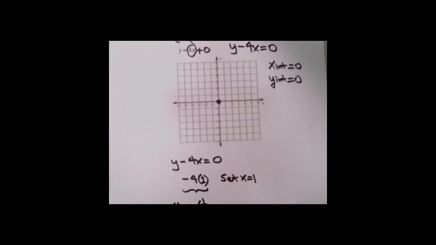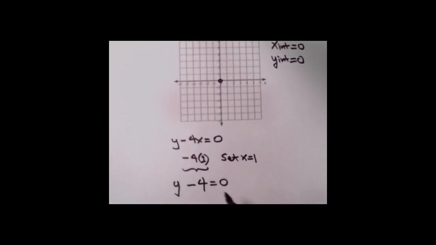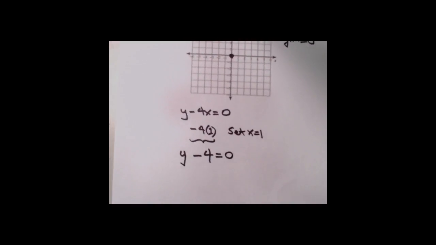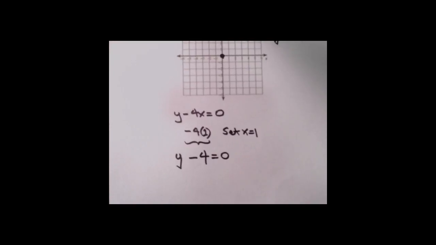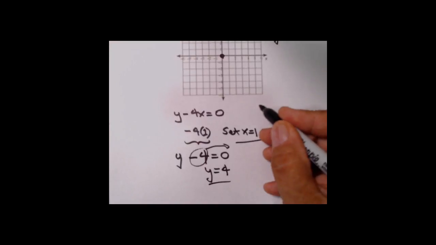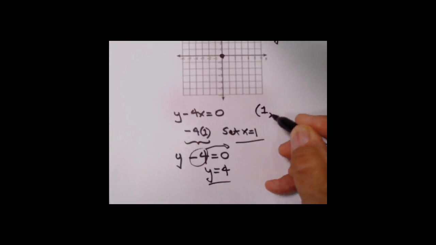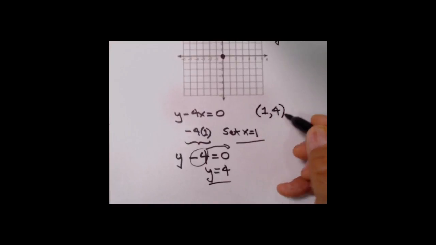So I have y minus 4 equals 0. Well, go ahead and now solve that for y. Just move the plus 4 over to the other side, and you get y equals 4. So these are the two values that give you a second point. We have x equals 1 and y equals 4.